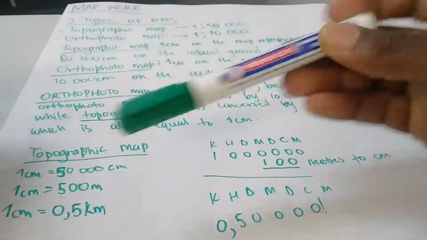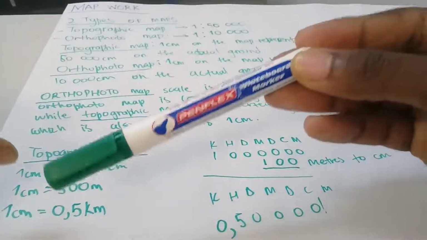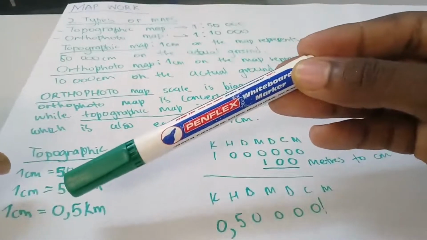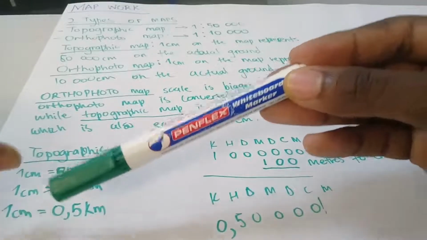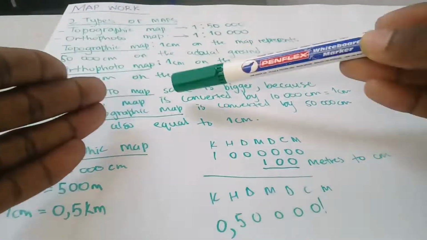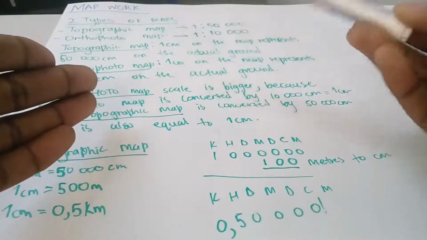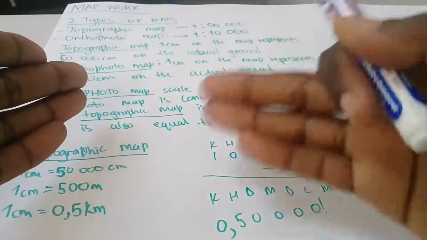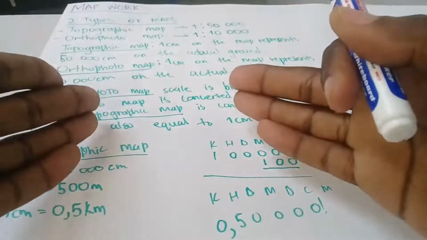If they ask you to calculate a distance on a map, you're going to use the ruler from a certain point to the point that you're going to. Let's say you get 2 centimeters using your ruler.